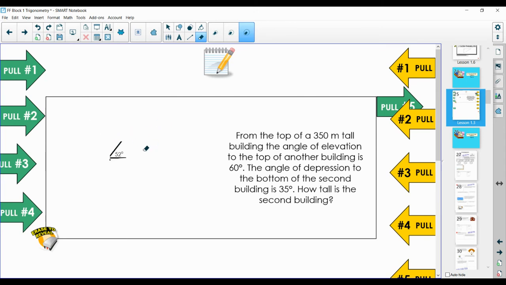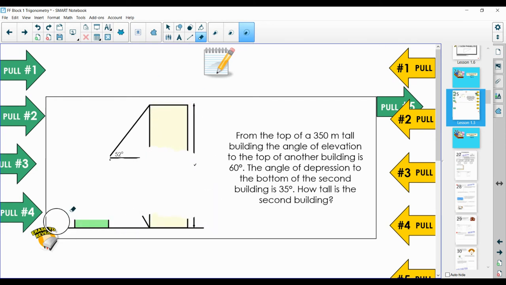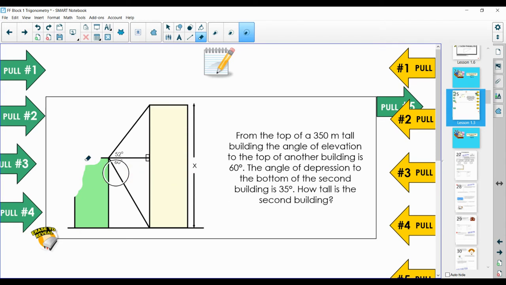All right, coming back here. We'll erase the diagram. So, interpreting the problem here, we have a 350-meter tall building.